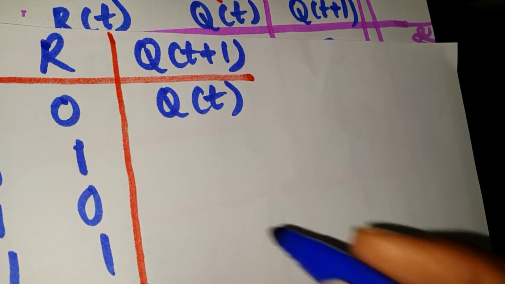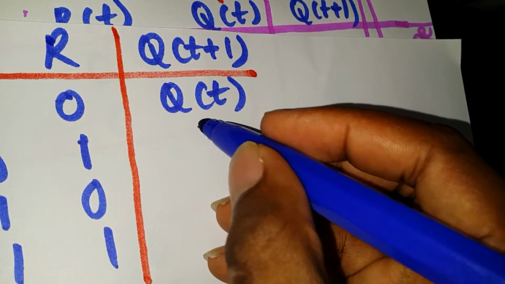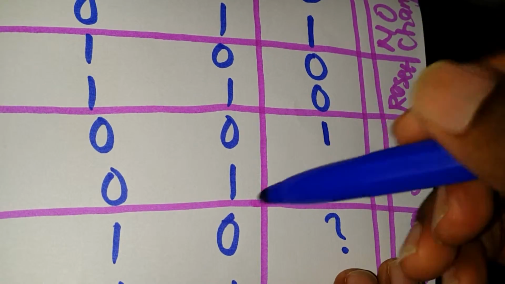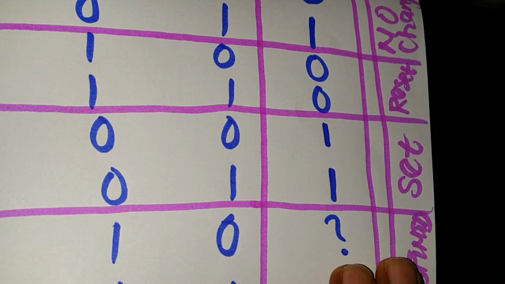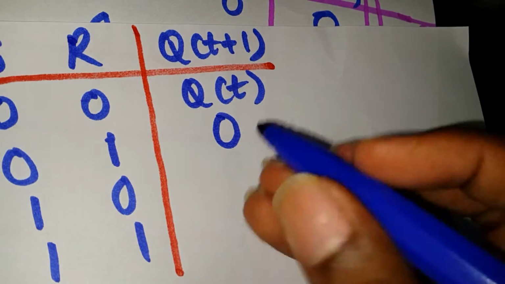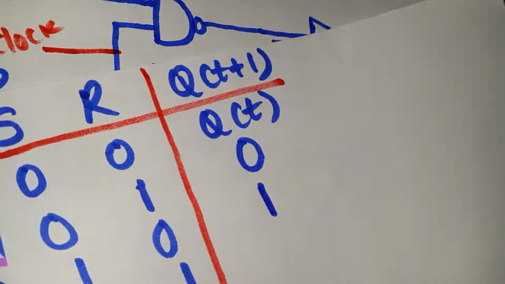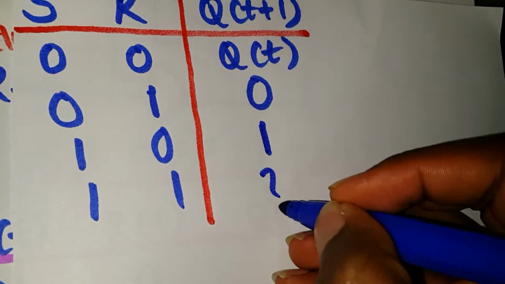So this one will be 0. And the next block we have 0 1 1 1. We are setting, and setting means 1. So this one will be 1. And the last block is undefined.